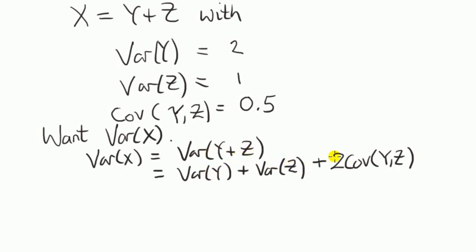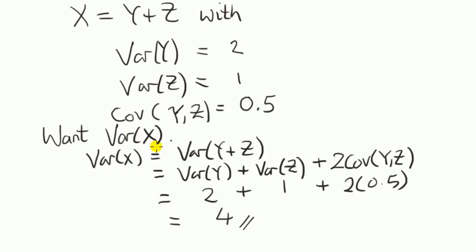Now in this question, is the covariance 0? No, because we're told in the question that the covariance between y and z is a half. Right, the rest is simple because now we can substitute the values, and the answer is 4.